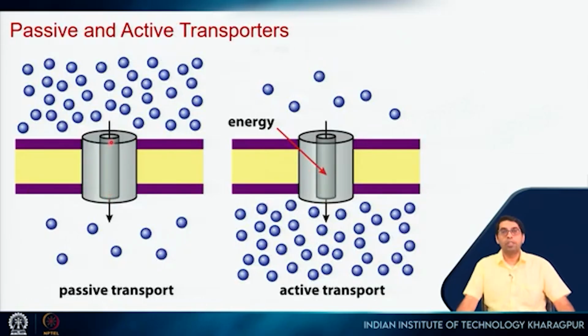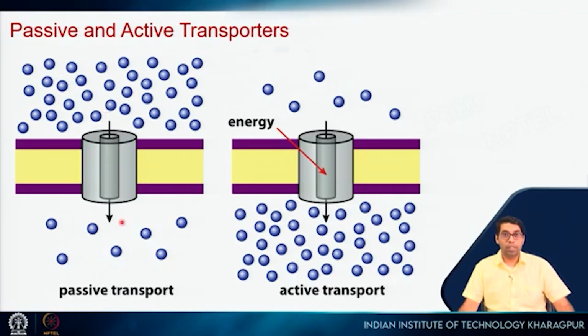So when we talk about transporters, so porin is a transporter, we can think of two types of transporters. One that will be a passive transporter, so that results in passive transport, and the other one are active transporters. So in a passive transporter, just like in case of porin, molecules are transported across the channel via diffusion.